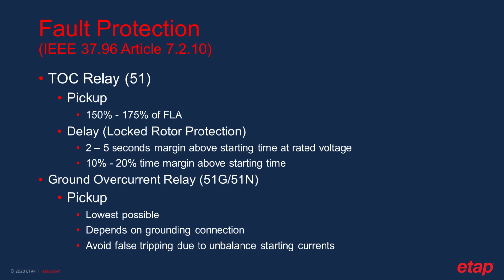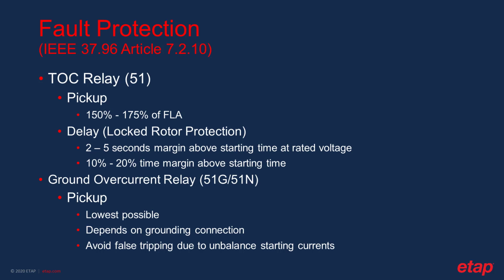The delay time for lock rotor protection is suggested to be between 2 to 5 seconds above the acceleration time of motor at rated voltage, or 10 to 20% time margin above starting time.